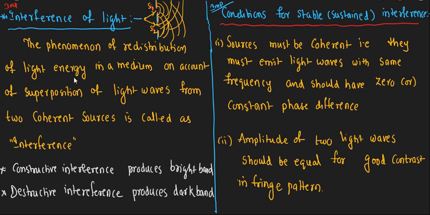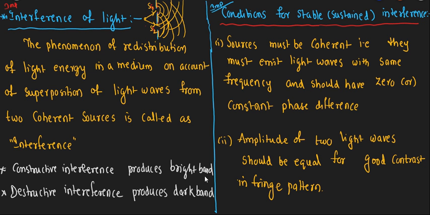At some places there is more brightness, at some places less brightness appears. Why does this redistribution of light energy occur? Because of superposition of the light waves, and that is called interference. Constructive interference is nothing but constructive superposition. It produces the bright band. Okay, and destructive interference gives the dark band.